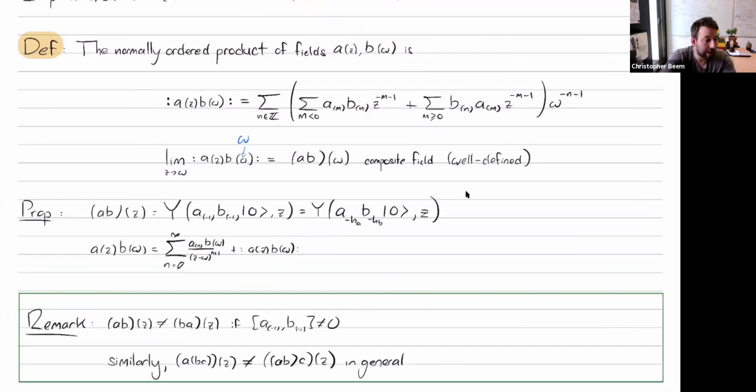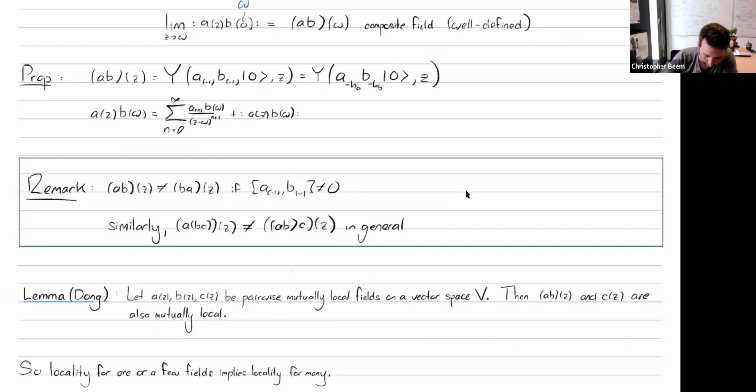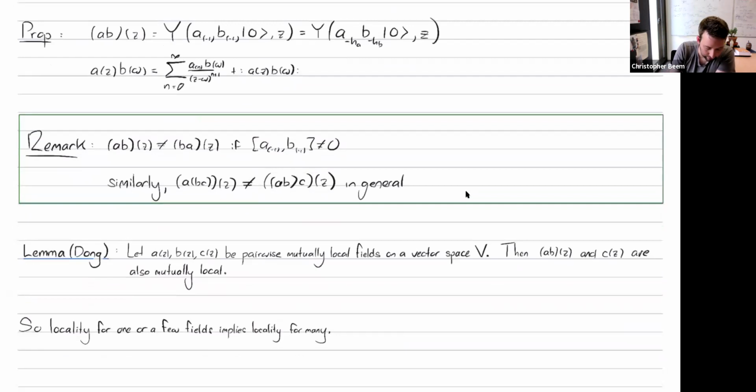So even in an interacting vertex algebra, in the sense of having complicated OPEs, you have a canonical, well-defined notion of composition of operators at the same point. The algebra that this defines on your set of operators, or on your vector space V, is complicated. It's not commutative and it's not associative.